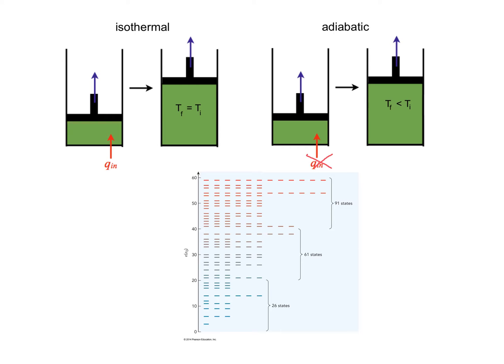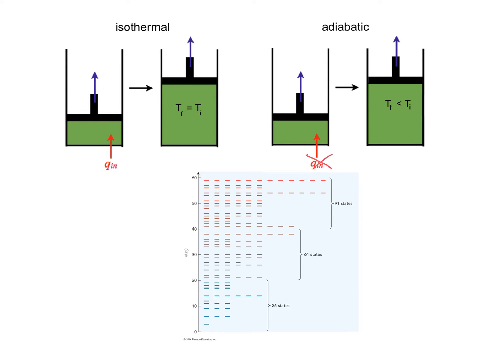We can think of our gas particles as being particles in a box contained in the piston. Remember that the correspondence principle introduced in Chapter 2 tells us that as we increase the domain or the size of the box, the energy levels become more and more closely spaced and we go more and more towards the classical limit.